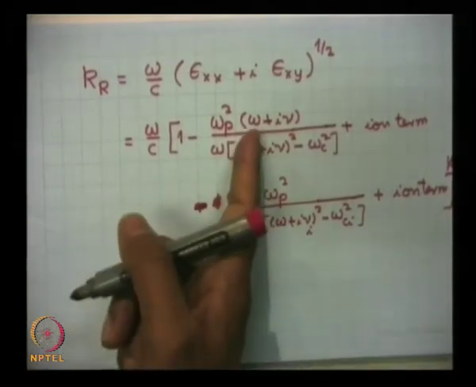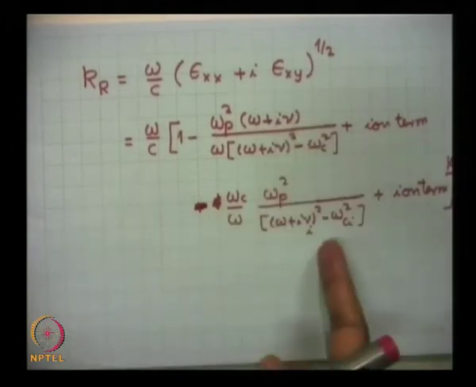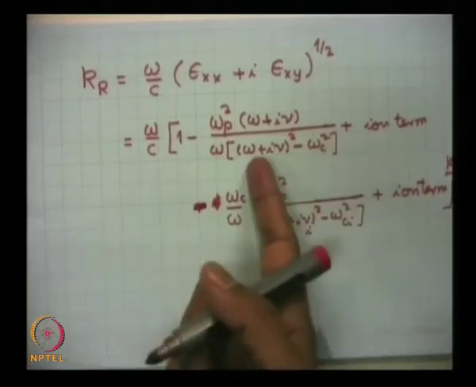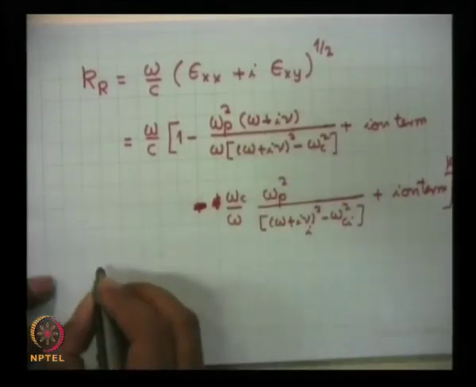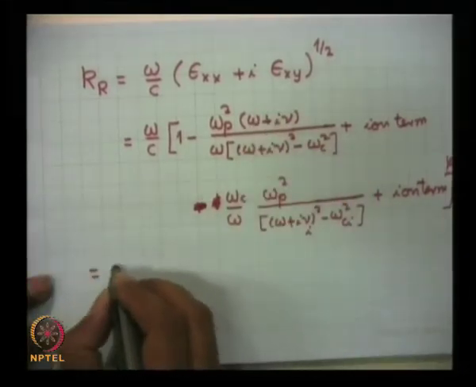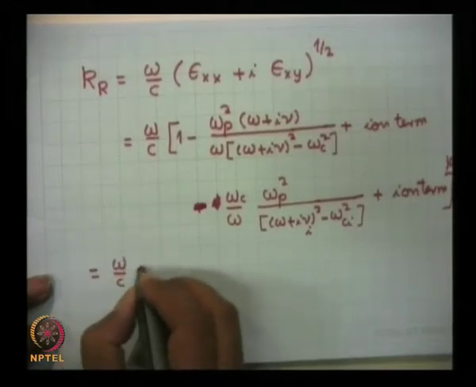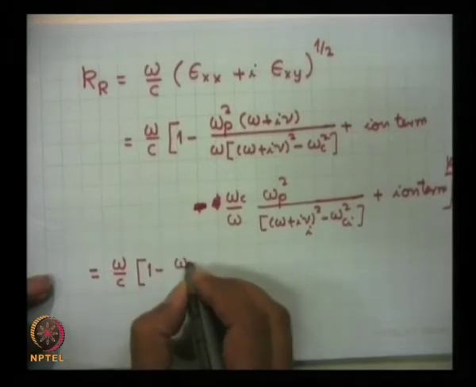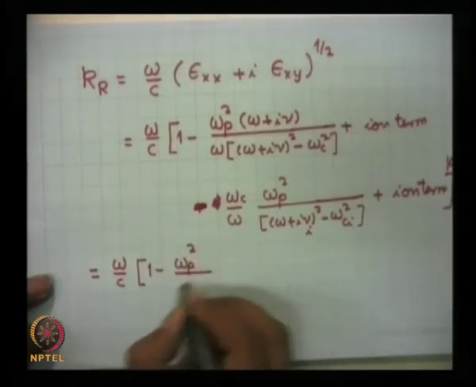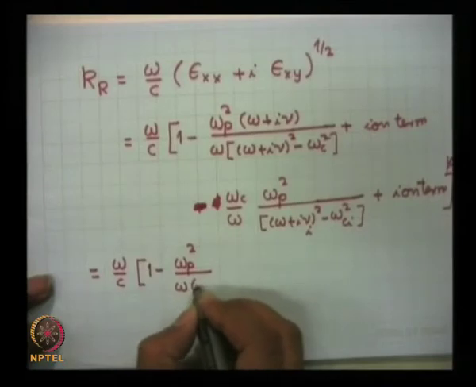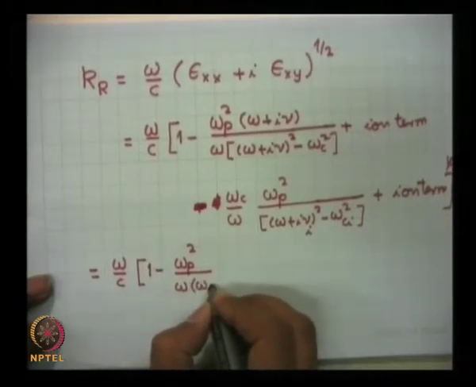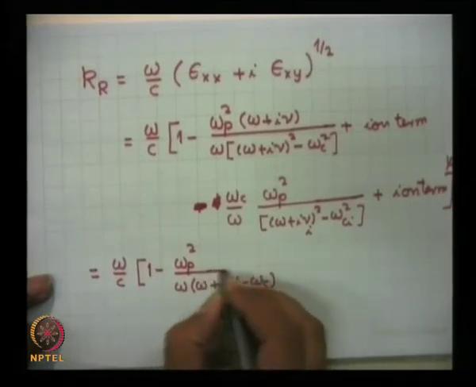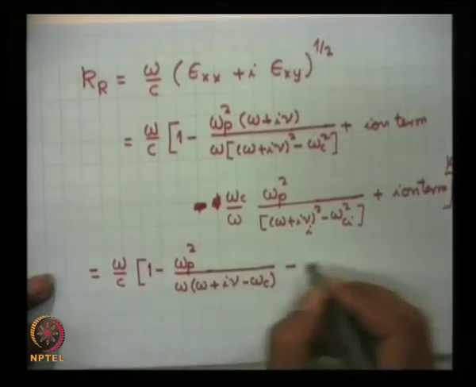So this becomes omega plus omega c plus i nu, and you can factorize this denominator and one of them will cancel out. It turns out to be simply omega by c, 1 minus omega p square upon omega into omega plus i nu minus omega c. This is the electron term.